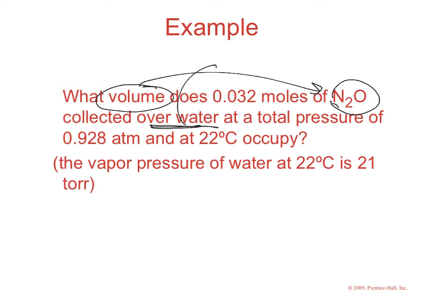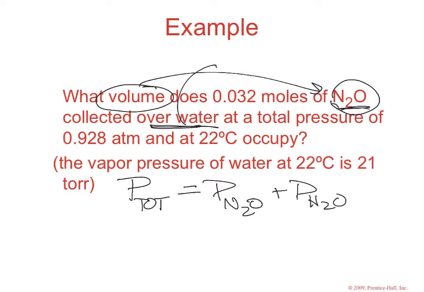So anytime you collect a gas over water, the very first thing that you want to do is find the pressure that's due to just that gas. So let's go ahead and quickly do that. And then you'll use the ideal gas law to find the rest of the information you need. All right, so the total pressure or atmospheric pressure is 0.928.